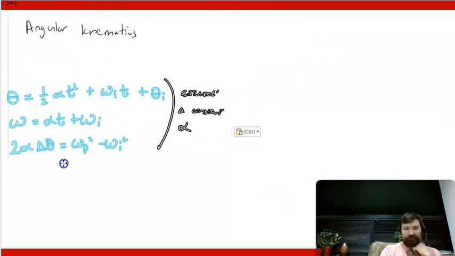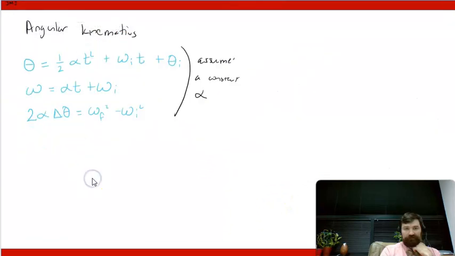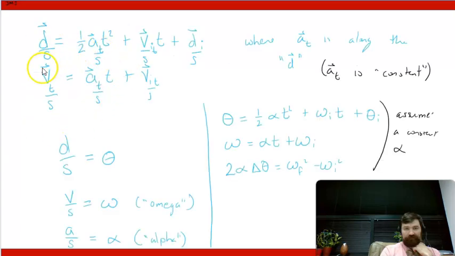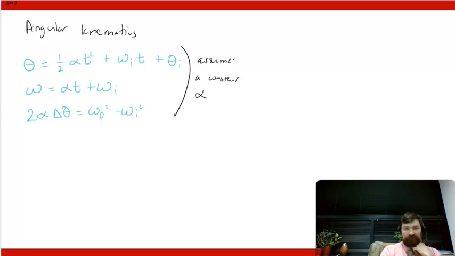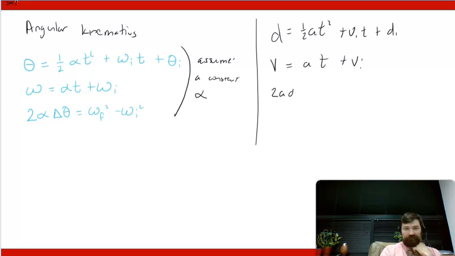And these quantities have the same kind of equations as what I could write down in regular kinematics, where I have something like d is 1/2 a t squared plus v initial t plus d initial, and v is a times t plus v initial, and 2a times delta d is equal to v final squared minus v initial squared. So these are kind of like linear quantities.